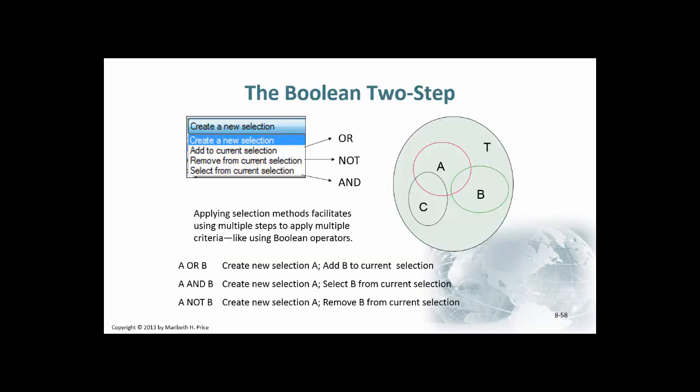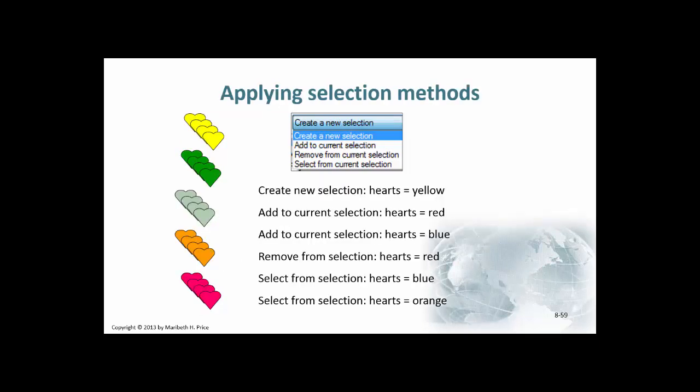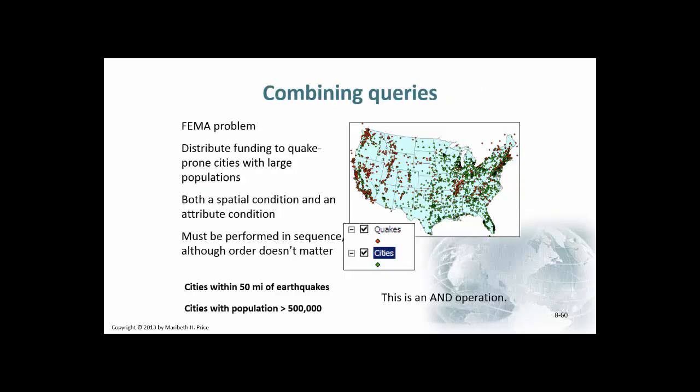Using different selection methods is exactly like using the Boolean operators. Pay attention to the selection method and use it to help achieve your goals. The real benefit is when you can combine the selection methods to solve real problems.